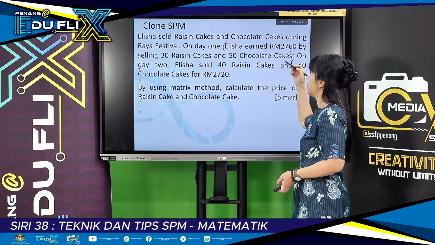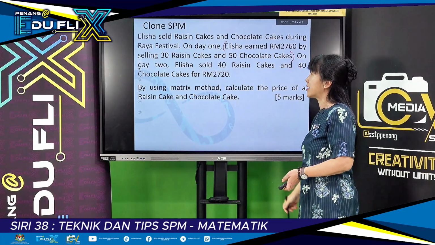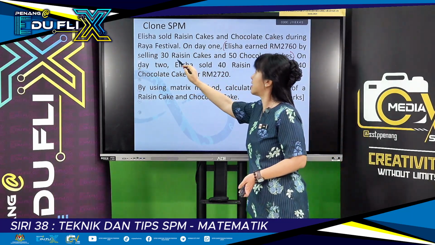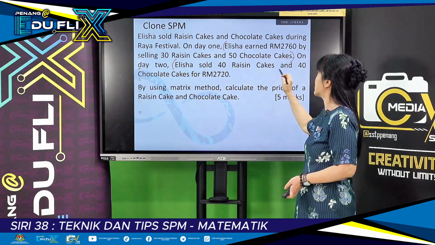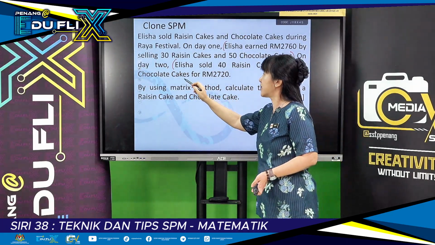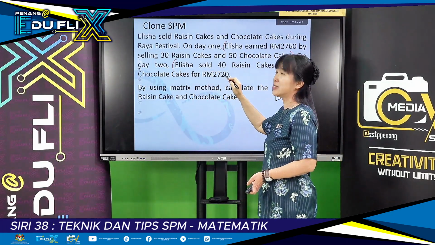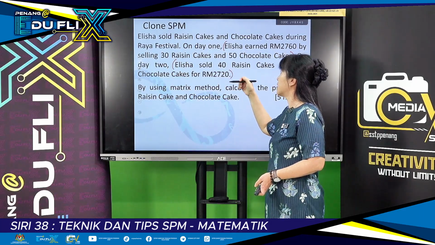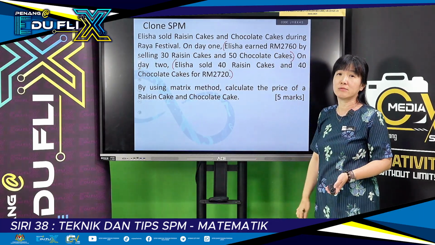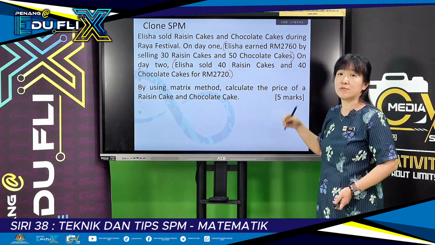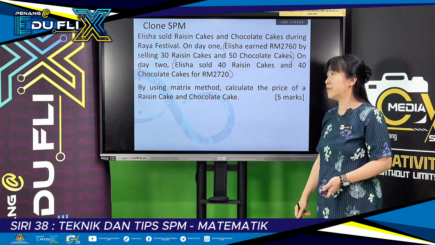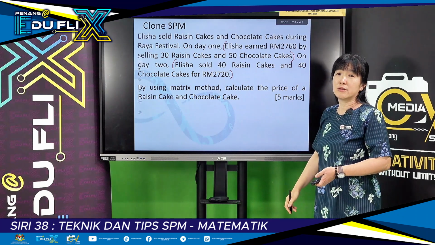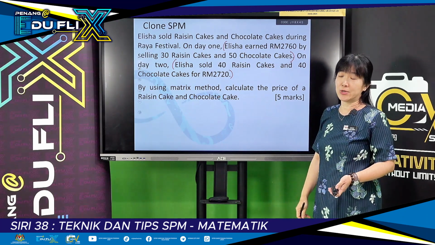Second information, Elisa sold 40 raisin cakes and 40 chocolate cakes for RM 2,720. So these are the two information. With these two information, we should be able to form two linear equations.